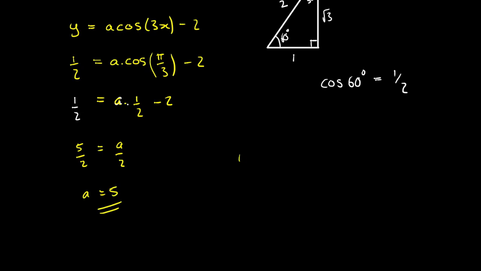Okay, so our final curve is going to look like 5 cos 3x minus 2. What's that going to mean? It means that we've got a curve which is shifted down by 2, which has an amplitude of 5, right? So it's going to go up by 5 and down by 5. And there are going to be 3 waves within 2 pi radians.